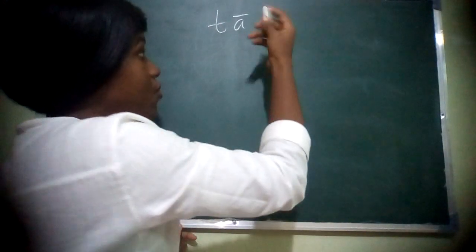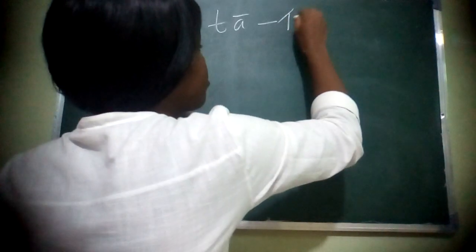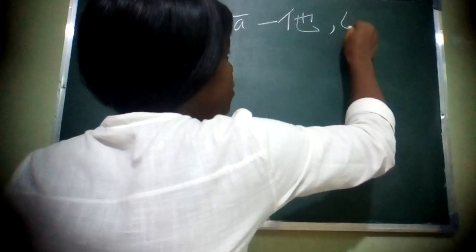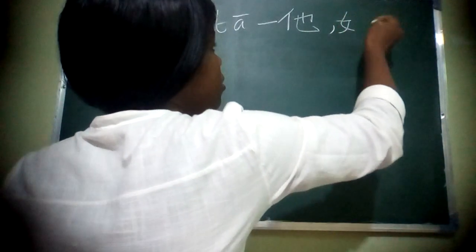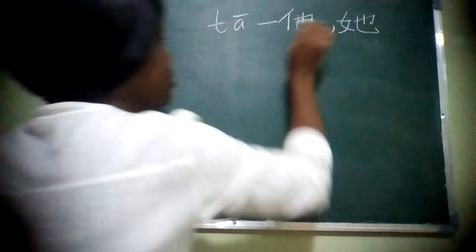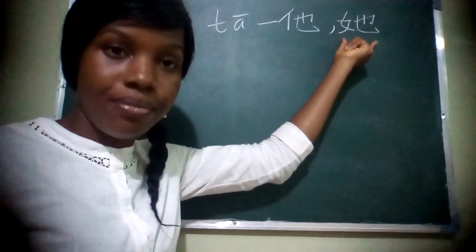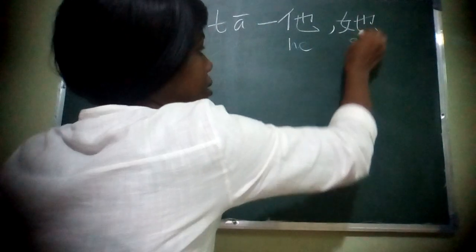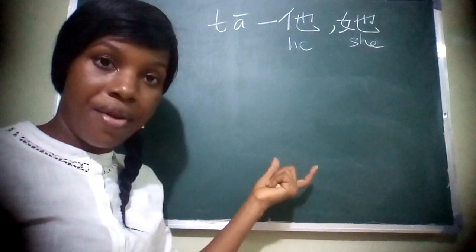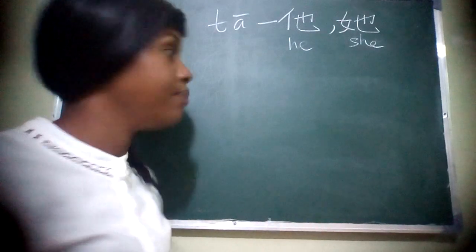Ta stands for he or she, and the male form of it is written this way, while the female form is written with this female character, and then this. So ta can either stand for he or she. Sorry, let me write this. He or she. So the person will know who you are referring to based on what you are saying.